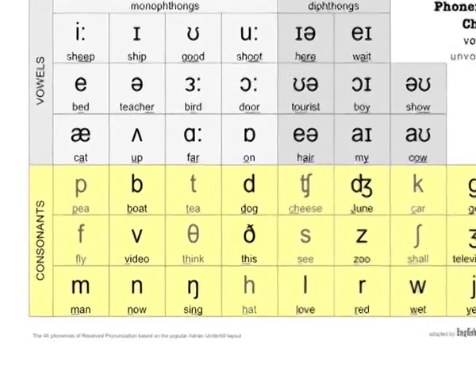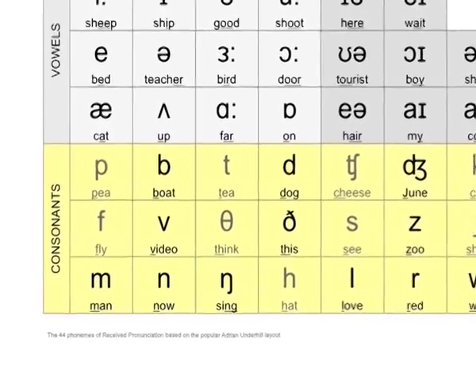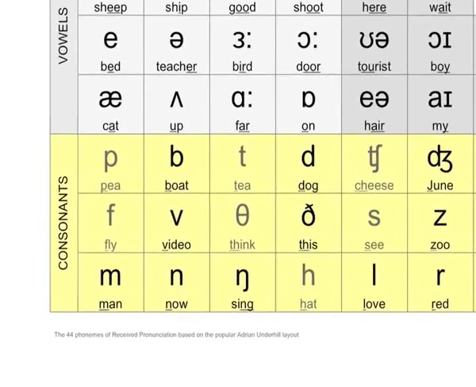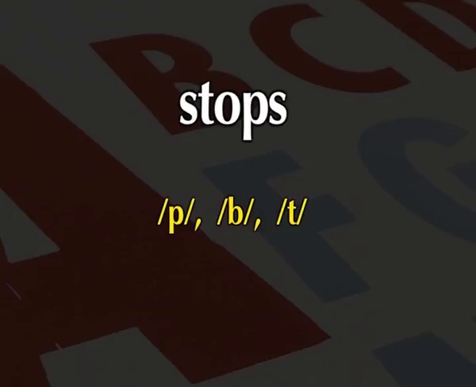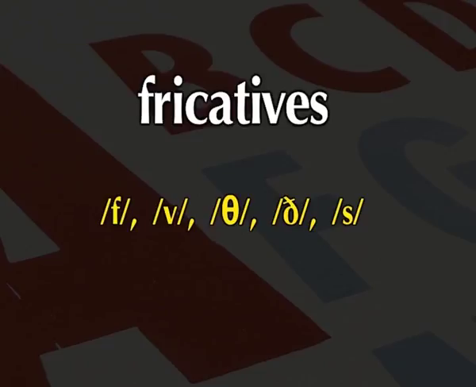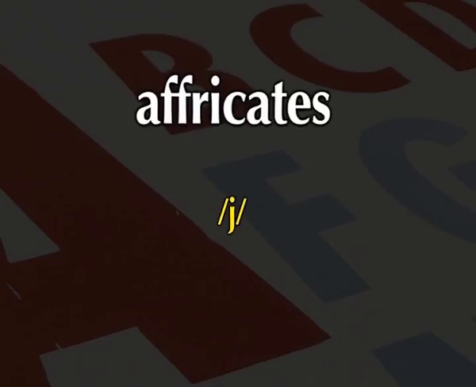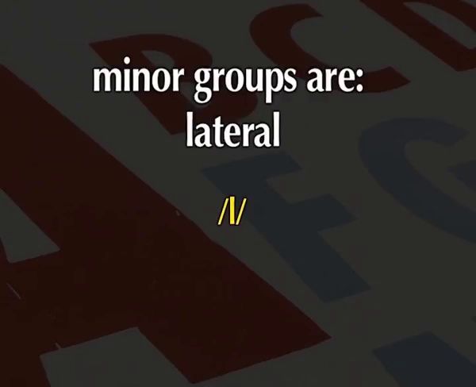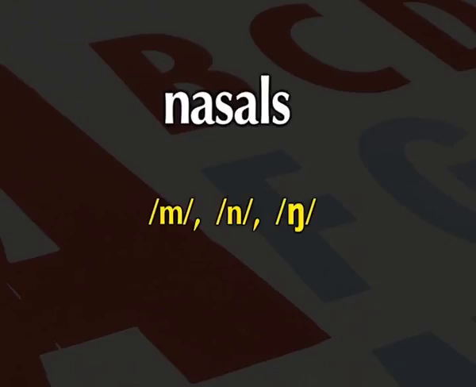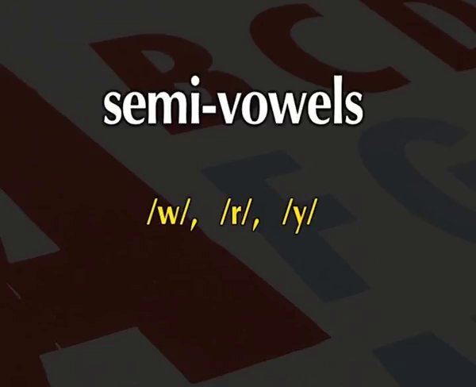The vast majority of the consonant sounds fall into 3 basic sound types: stops like p, b, t, fricatives like f, v, th, s, and affricates like ch and j. 3 minor groups are the lateral l, nasals m, n, and ng, and semivowels w, r, and y.